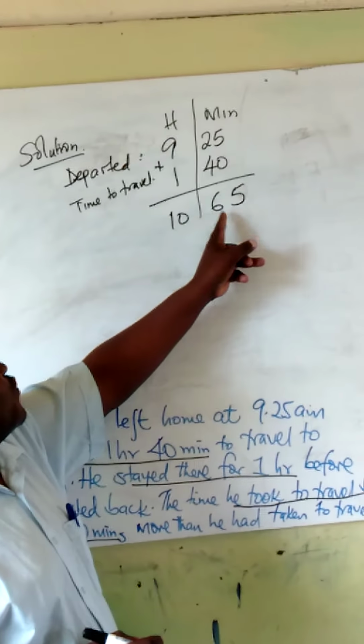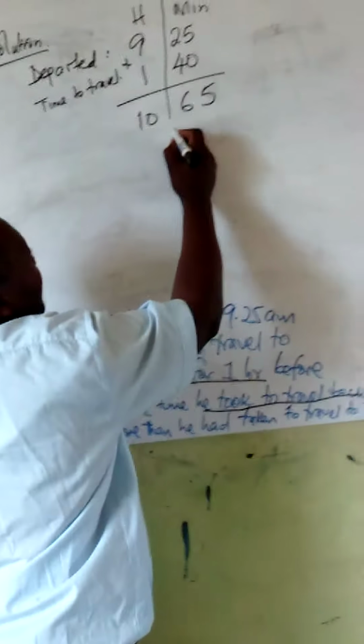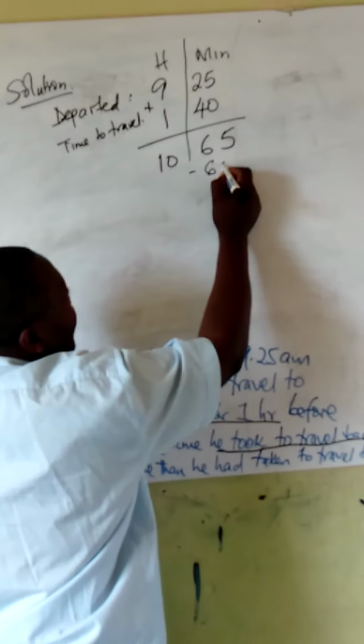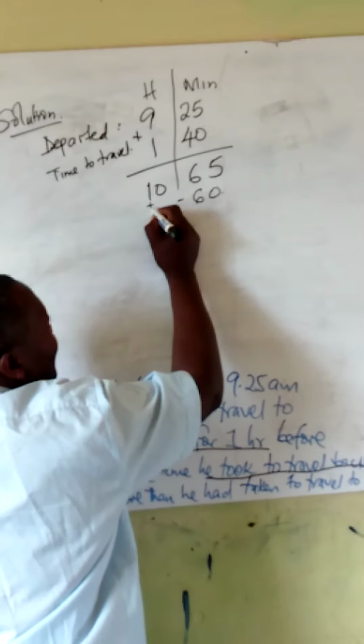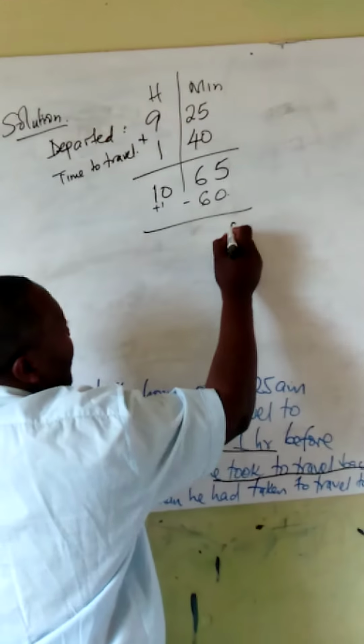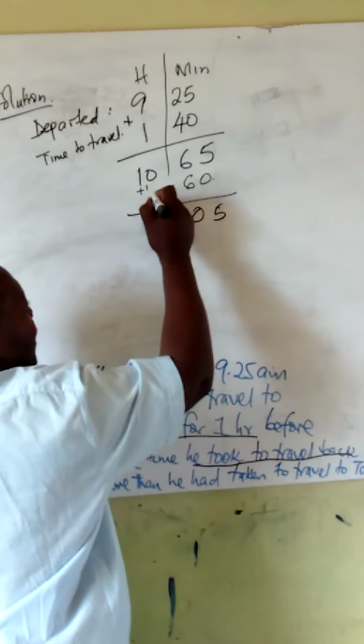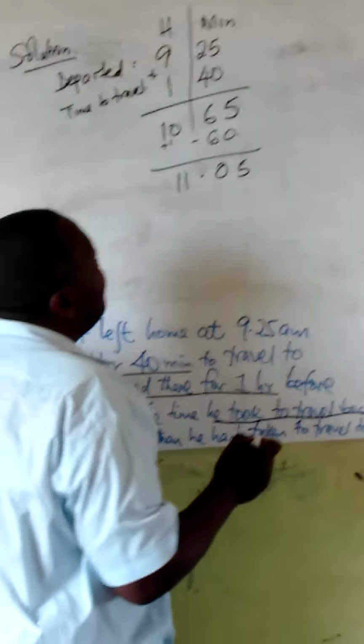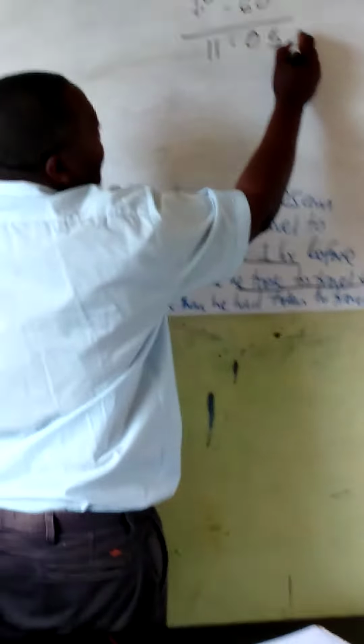So this has to be converted into an hour by subtracting 60 here and then adding 1 here. So this will be 5 and this will be 0 and this will be 11:05 a.m. So that is the time that he arrived in town.